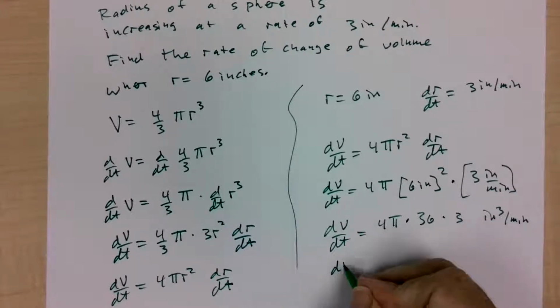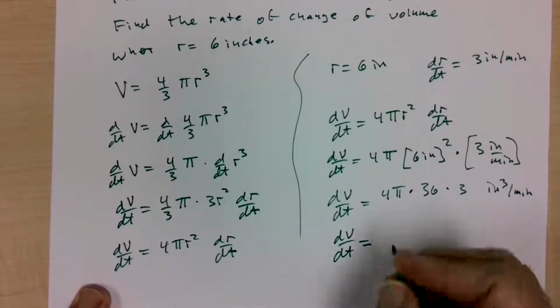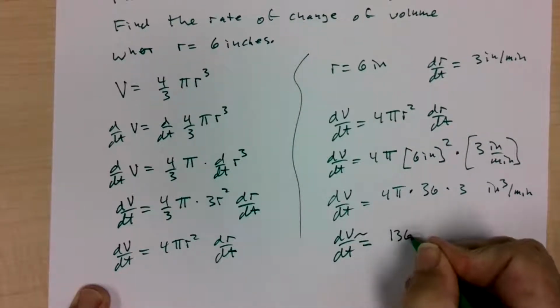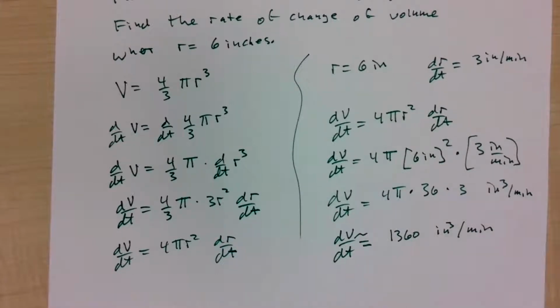Putting this together, dV/dt is approximately 4 times pi times 36 times 3, about 1,360 cubic inches per minute. So that's that one. Let's go ahead and do one more of these related rates problems.